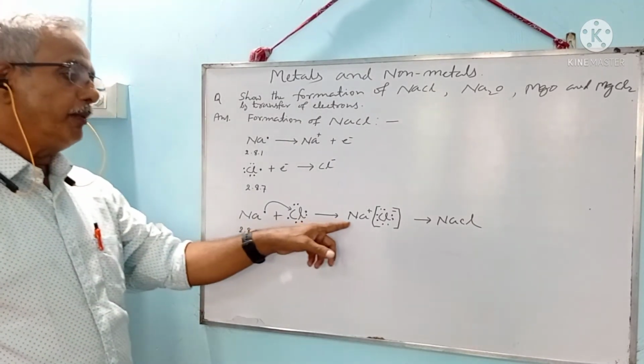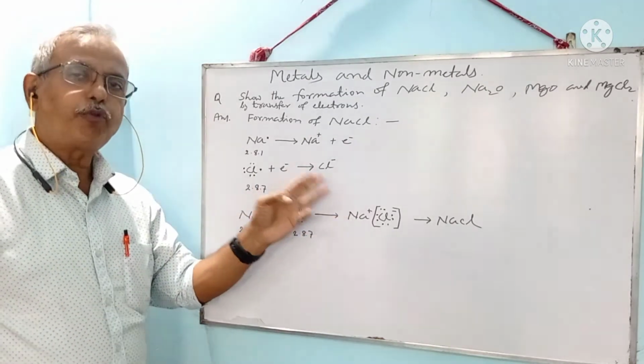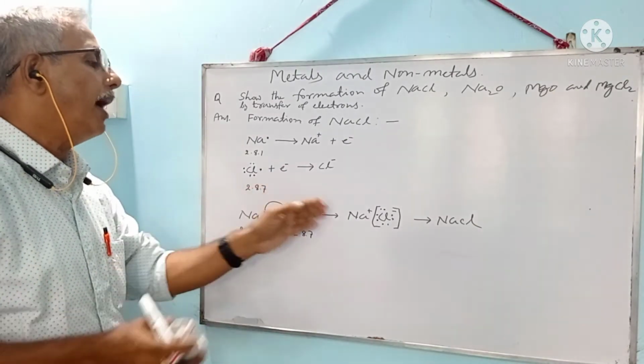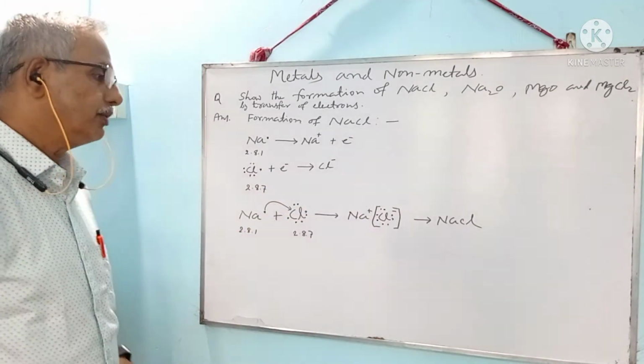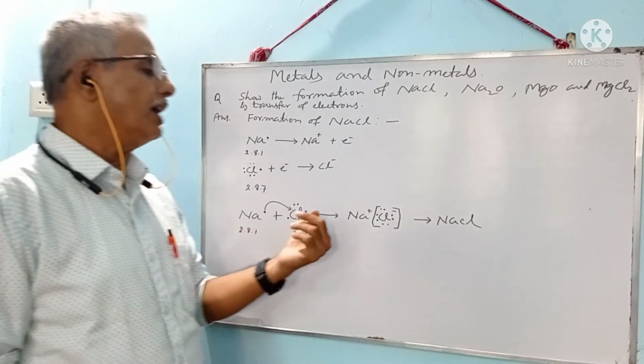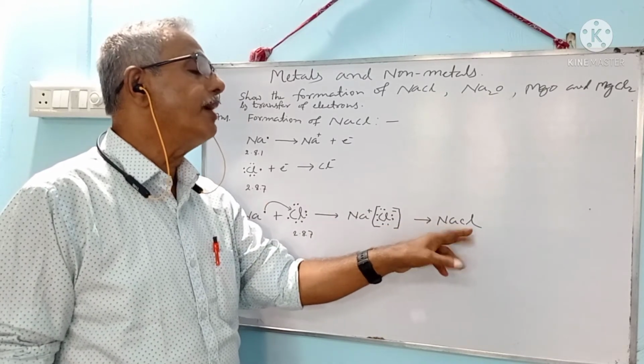And this compound will be called what? Ionic compound, because the compound formed by the combination of ions is called an ionic compound. Sometimes a question may be asked, what are the ions present in sodium chloride?